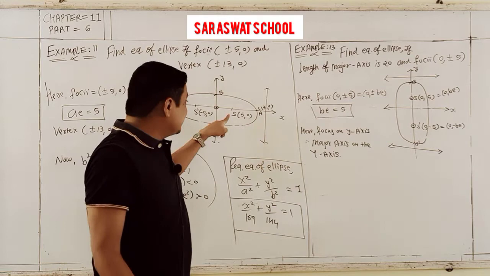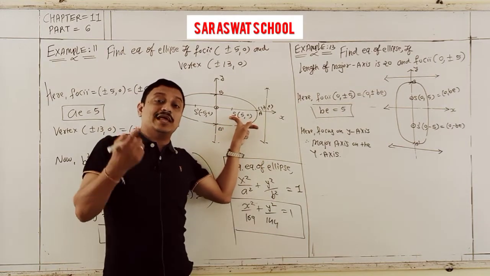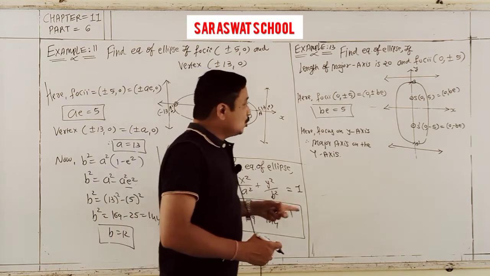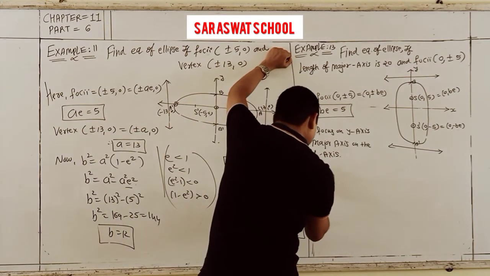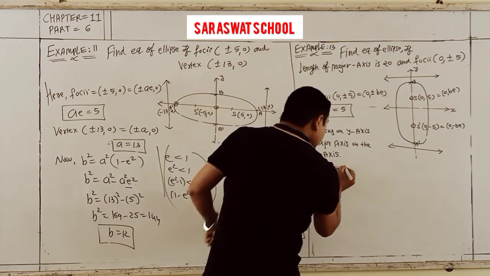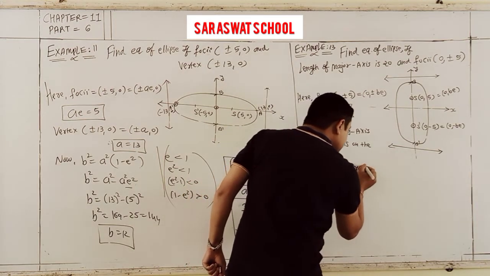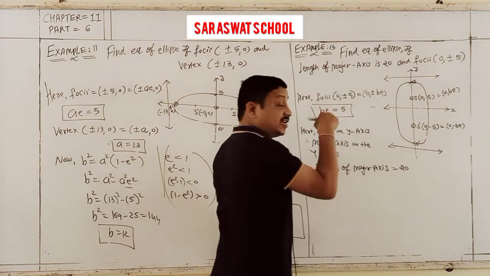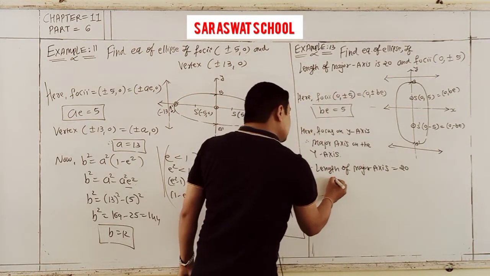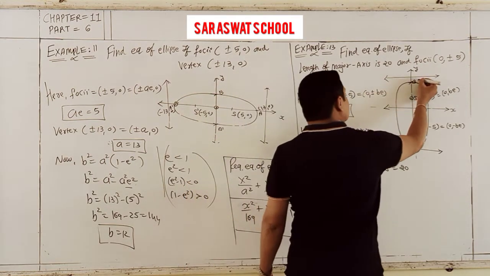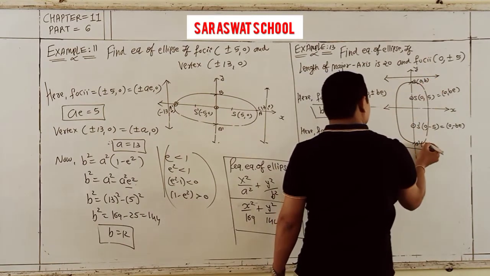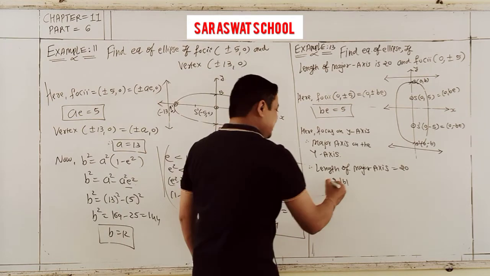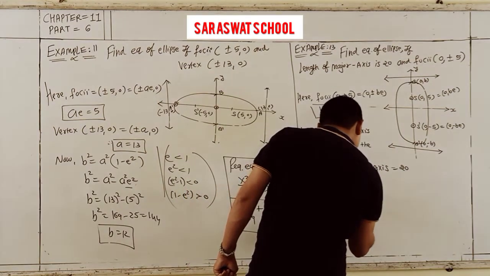Here the major axis is x, because the foci lie on the x-axis; here it is on the y-axis. Therefore the length of the major axis is 20, as given, and it is 2 modulus b, because this length is from (0, b) to (0, −b), and the distance is equal to 20, so b becomes 10.